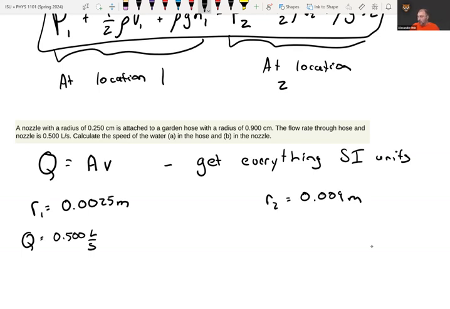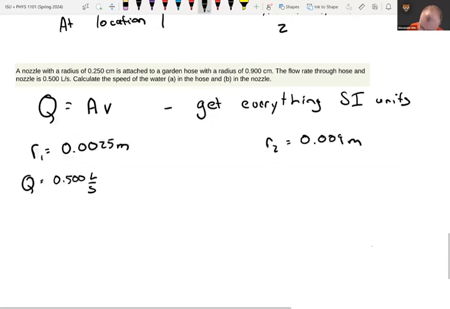If you're clever, you can get the units to cancel out in particular ways, but getting everything into SI is quite helpful. So I'm going to show you how to get from liters per second into SI units, which would be meters cubed per second. Eventually you can just remember the conversion.